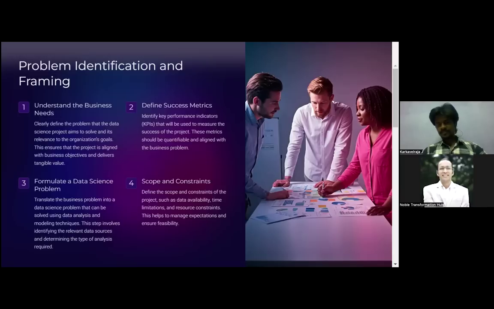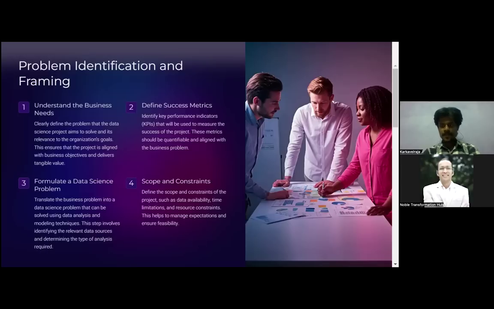It also needs to have relevance to the goals of the organization. It should fall within the larger vision and long-term objective of the organization, right? This ensures that the project is aligned with the business objectives and delivers tangible value. That is the first thing when you are going for problem identification.